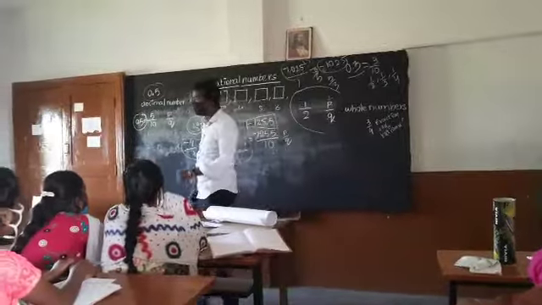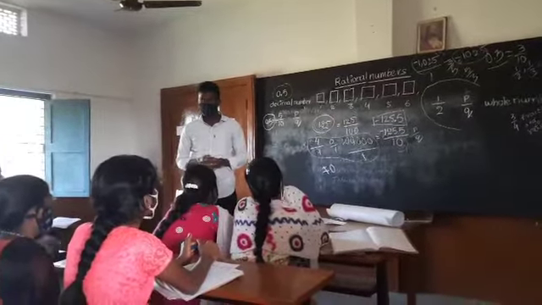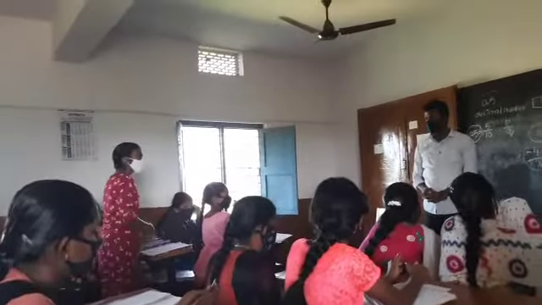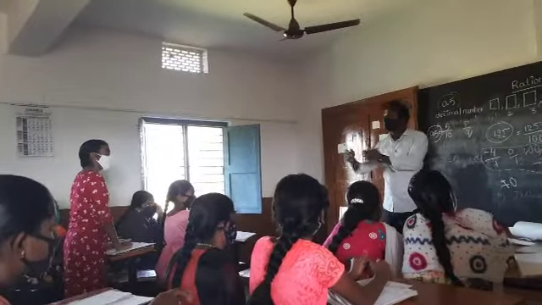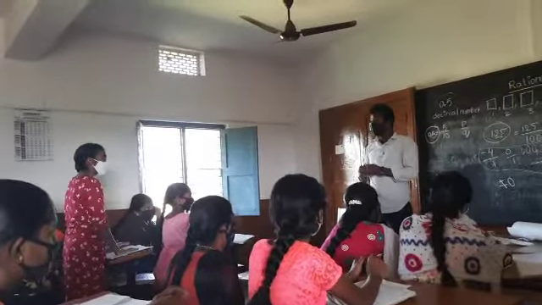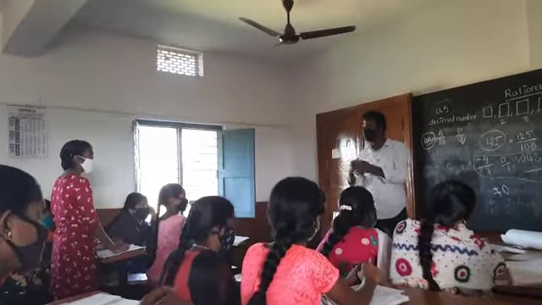Let us recall what we have learned about rational numbers. Define a rational number. 1 by 2 or 3 by 2, those are examples of a rational number. What is the definition of a rational number?